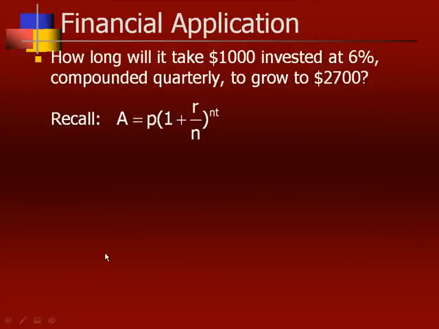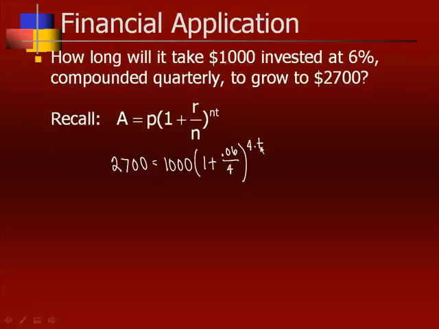Now, one that may make more sense to you: how long will it take $1,000 invested at 6% compounded quarterly to grow to $2,700? Well, if we wanted to run through this one, A is our final amount, which would be 2,700. P is the initial amount, which is 1,000, times 1 plus r, that is your rate. n is the number of times per year that you compound it, which is quarterly, so it's going to be 4, to the power of n times t.